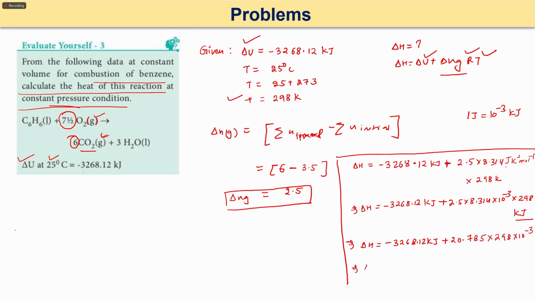So your delta H will become minus 3268.12 kilojoule plus, if you multiply 298 into 20.785, you will get 6193.93 into 10 to the power minus 3.